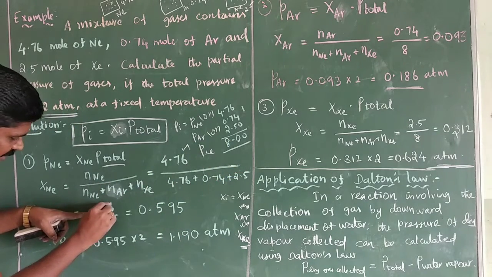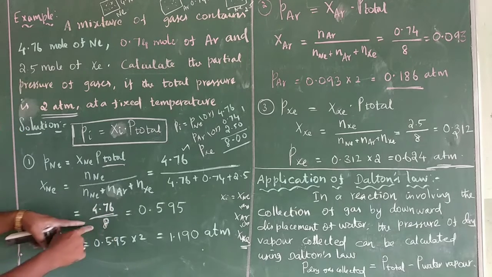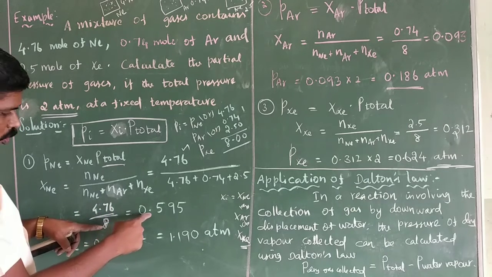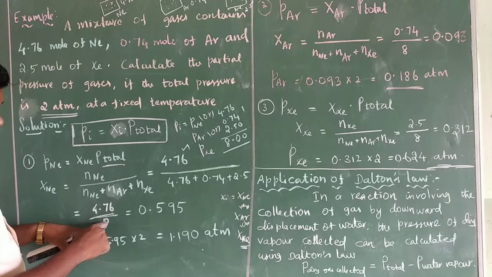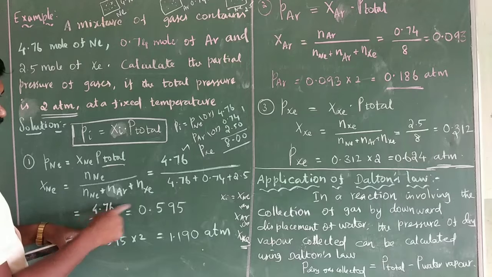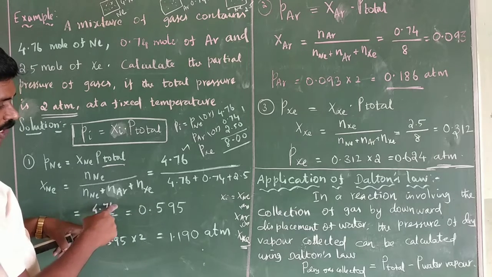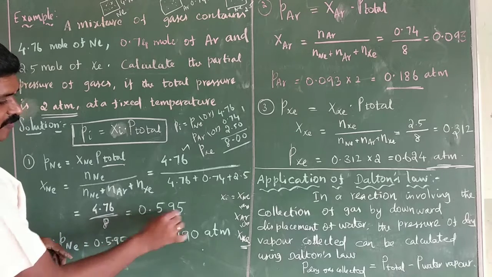So 4.76 divided by 8. 5 into 8, 40. Remaining 76. 9 into 8, 72. Remaining 4, 40, 5 into 8, 40.